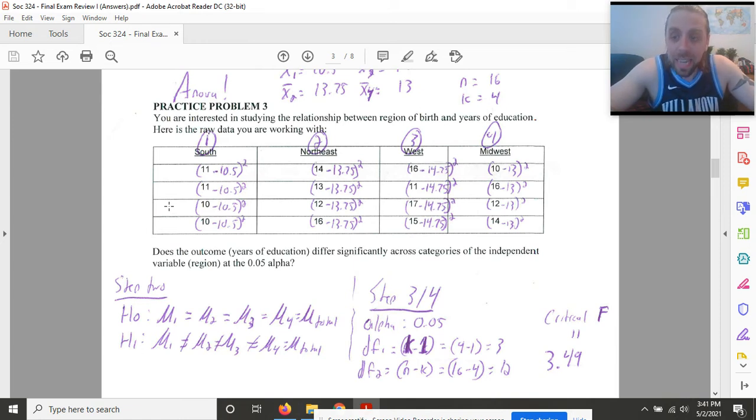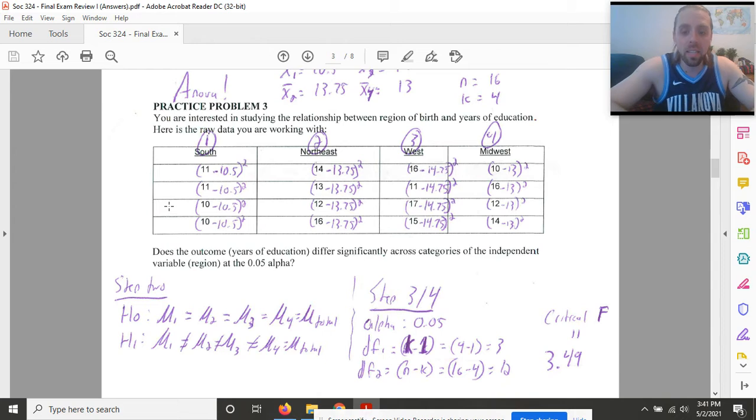So, 0.05 alpha, 95% confidence. My DF1 is going to be K minus 1. So 4 groups minus 1 gives me 3. And DF2, that is N minus K. So 16 minus 4 gives me 12. You look this up in your critical F table. 0.05 alpha on a one-tailed test.